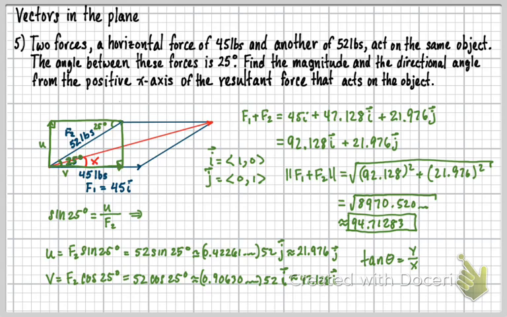But what we have here is the tan of x, and that's going to equal our opposite. I shouldn't say our opposite, I should say our y direction, which would be my u, over my x direction, which would be my v here. So it would be my u over v of my resultant. So then that would give me my y being this 21.976. So that's going to go on top.